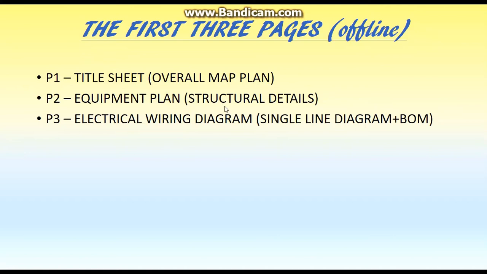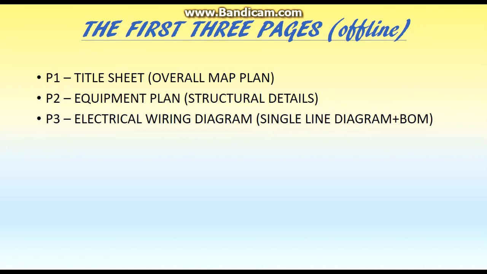Second sheet has the equipment plan and all the structural details, and the third is the electrical wiring and all the calculations, wire size you need, what breaker you need at the box, and so on. I typically use a single line diagram showing just one line for all of the electrical wires. Some cities require a 3-line diagram.